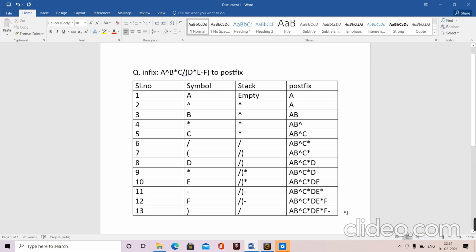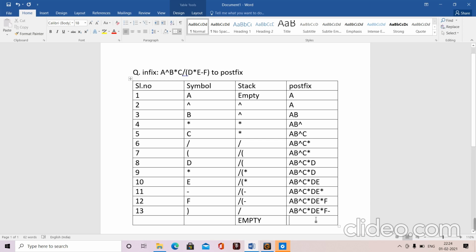And in the last step, here we have no symbols left, right? So the stack will be empty now. After all the symbols of the infix array have been scanned, we have to pop all the operators remaining on the stack and add them to the postfix array.